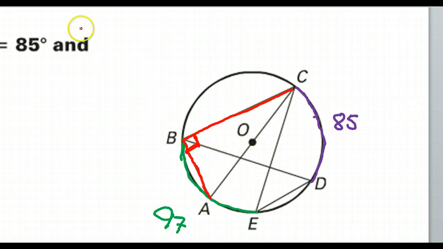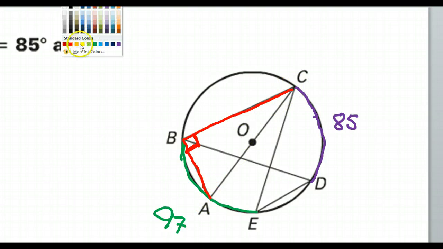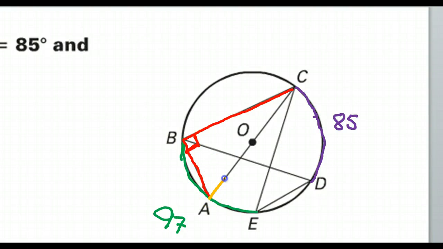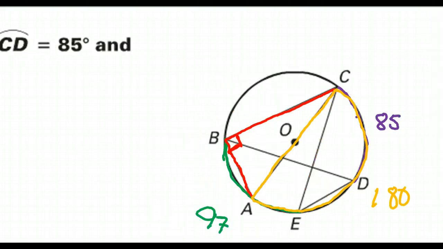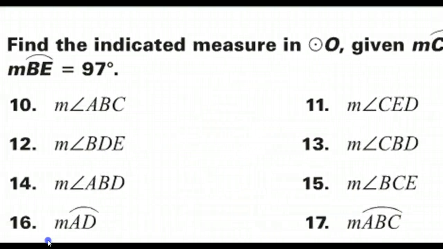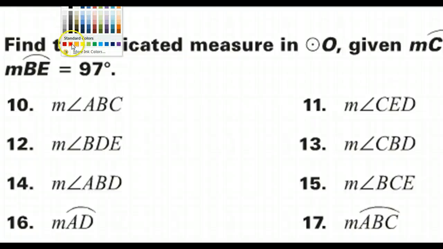Well, look at the fact that AC is a diameter. Okay, from A to C here is a diameter. Because it's a diameter, that means we're looking at 180 degrees. I mean, this is a semicircle over here. So we'd know that that is 180 degrees, and this should be half of 180, so that's 90 degrees. Thank you very much.